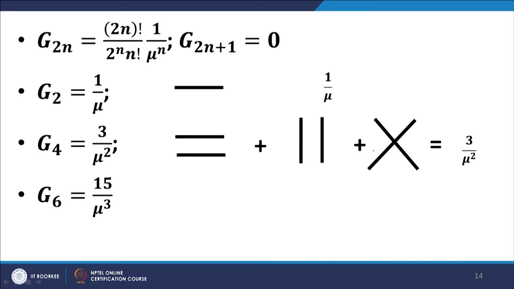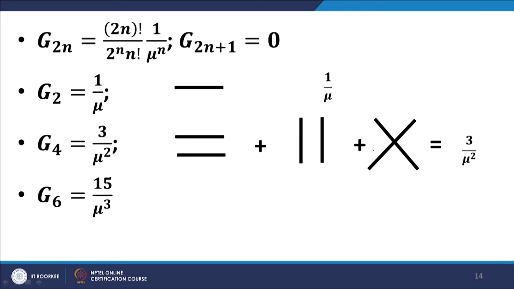So, we have just the one line being represented here, and we attach a weight because, if you look at it, the expression for G2n is given by 2n factorial upon 2 to the power n factorial, and there is an additional expression of 1 upon mu to the power n.